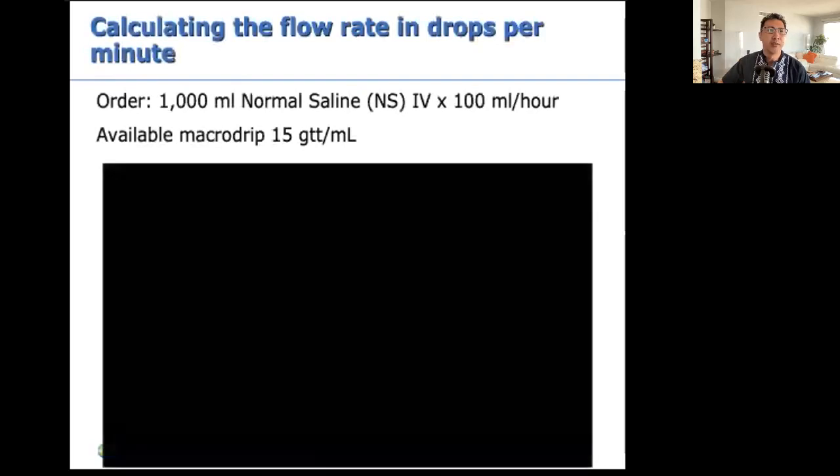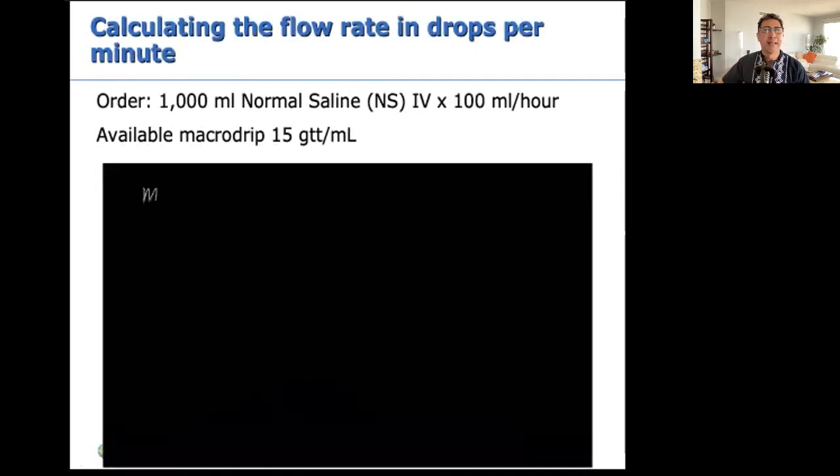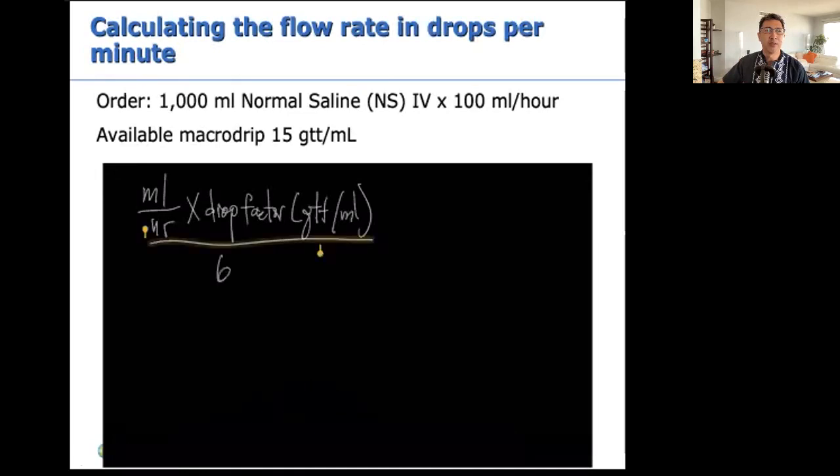Now, that's calculating the flow rate in drops per minute. Here's your question. The order says 1,000 ml of normal saline IV at 100 mLs an hour. Available micro drip is 15 drips per ml. So there's my formula: mLs per hour times drop factor over 60 minutes.